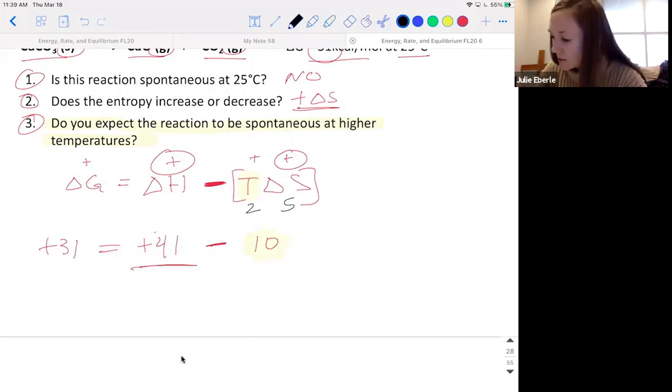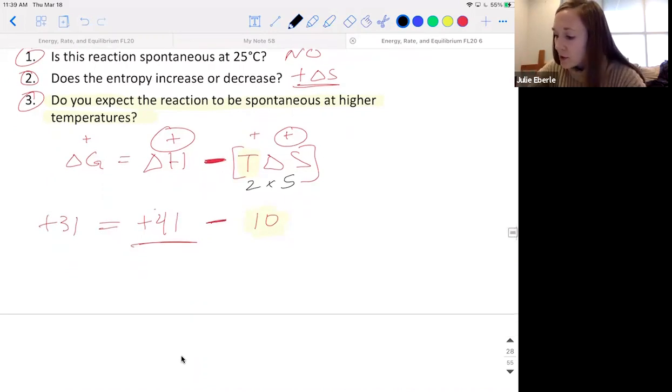I'm making up numbers here. I don't have these numbers anywhere in my problem. But what if we crank temperature up to like 20? What if we made it a big high temperature? Now 20 times 5 is 100, right?